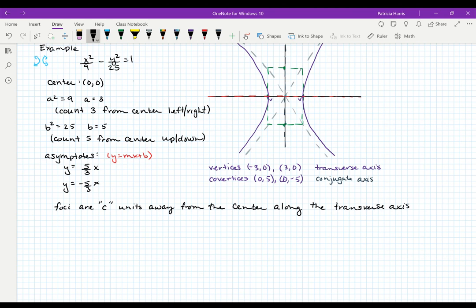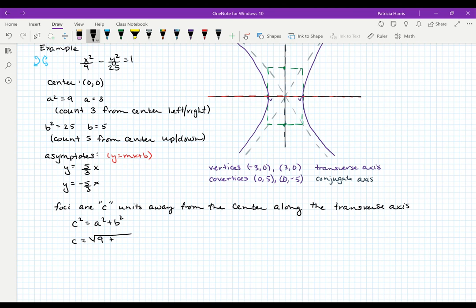The formula is a little bit different from the ellipse. So c squared is going to be equal to a squared plus b squared, which looks almost exactly like the Pythagorean theorem.